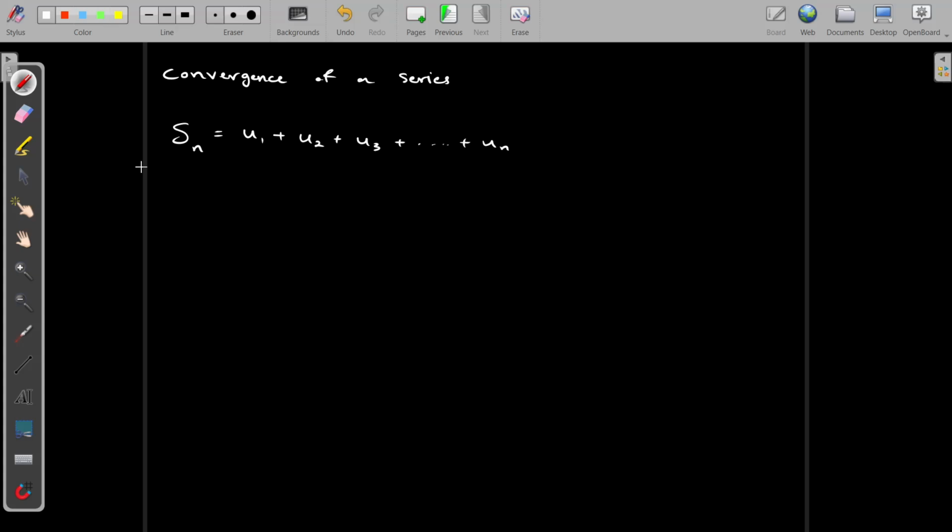And then if the limit as n tends to infinity of the series is equal to S, then we can say the series is convergent and the series converges to S.